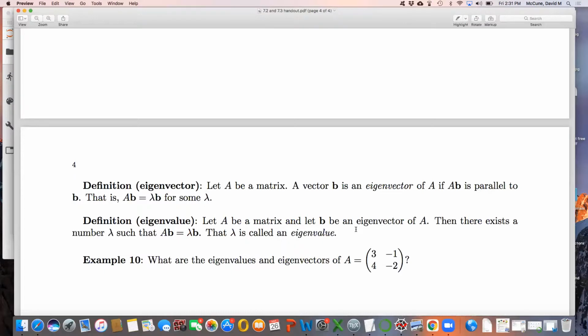And furthermore, the eigenvalue corresponding to (a, a) is 3. So these vectors got stretched. How much did they get stretched? They got stretched by 3. The eigenvalue is the stretch value. Eigenvectors are the vectors being stretched, being scaled, however you want to say it.